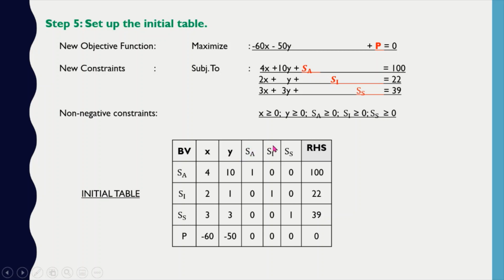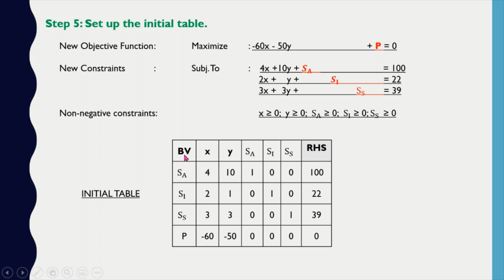And the fourth one, the fifth, and the sixth, we have here our slack variables for assembly, inspection, and storage space. And which is the last column right here. This is our availability or available resources, or we call it RHS, which means right hand side.